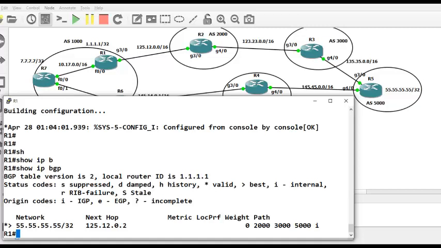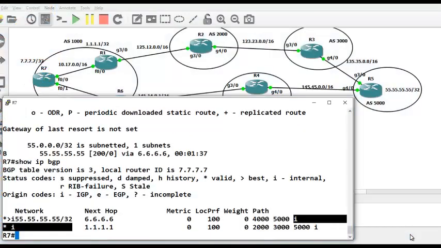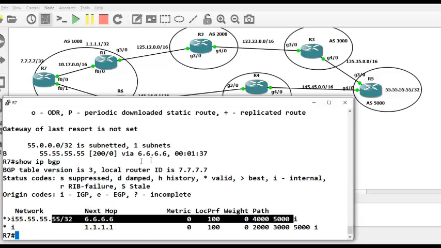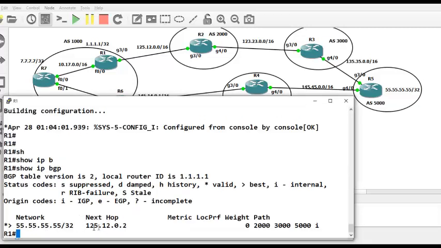It is because R7 did not give the route to R1. R7 is the middle router now. R7 knows about both the routes. R7 is not giving this route to R1. Do you see that? You don't see. Let's make that happen.